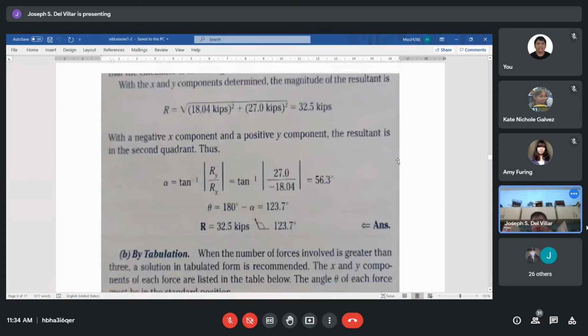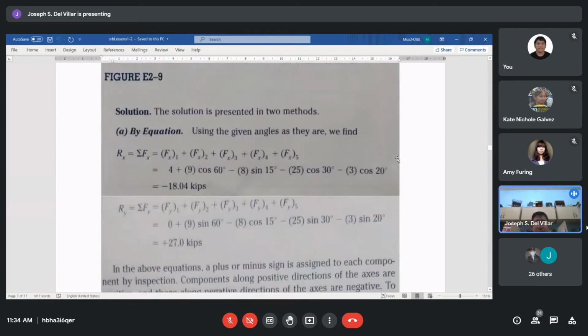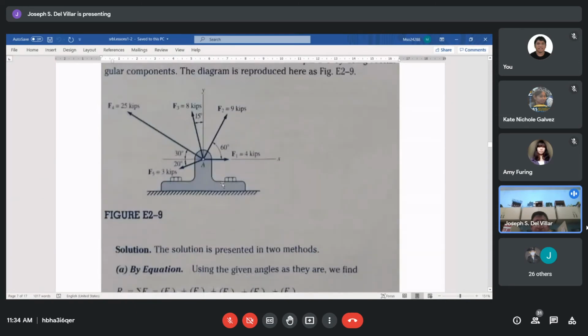Okay? So gagawin nyo is summation of fx, i-add nyo lahat ng x component. So itong F1 is 4 kips. What is 4 kips? Kilopounds. Okay? 4 kips is 4 kilopounds, or that simply means 4,000 pound force. Okay?